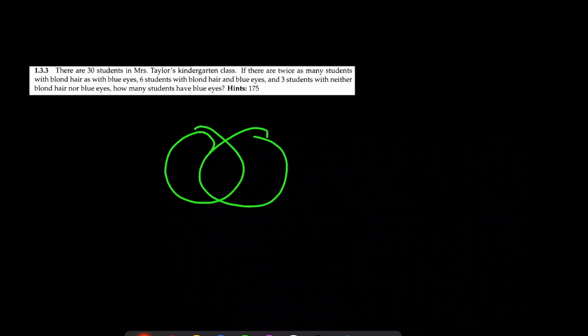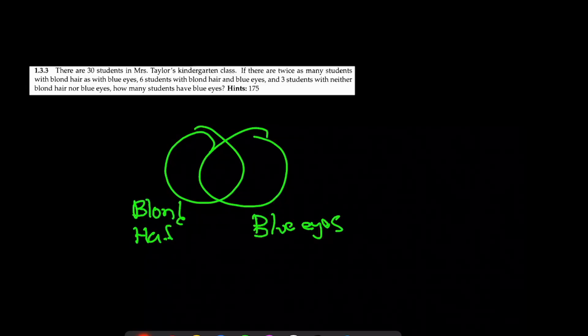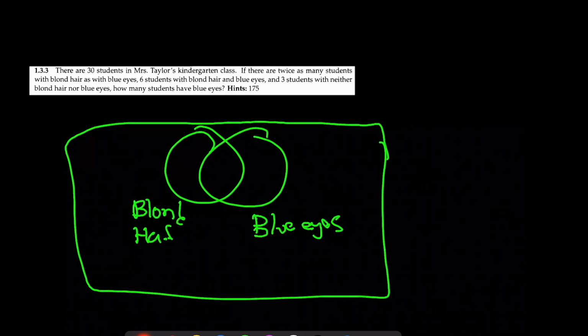Well, let's try a Venn diagram still. So we got blonde hair, blue eyes, okay, and let's put this entire thing in a box.